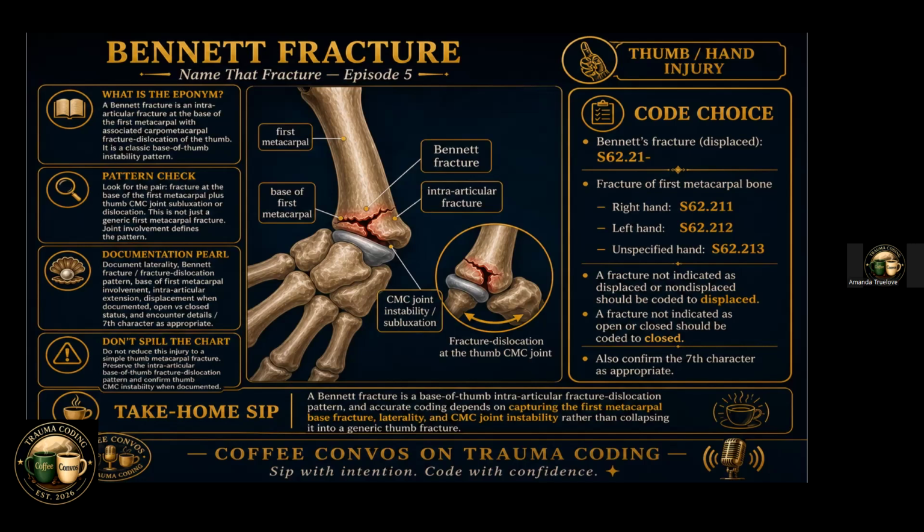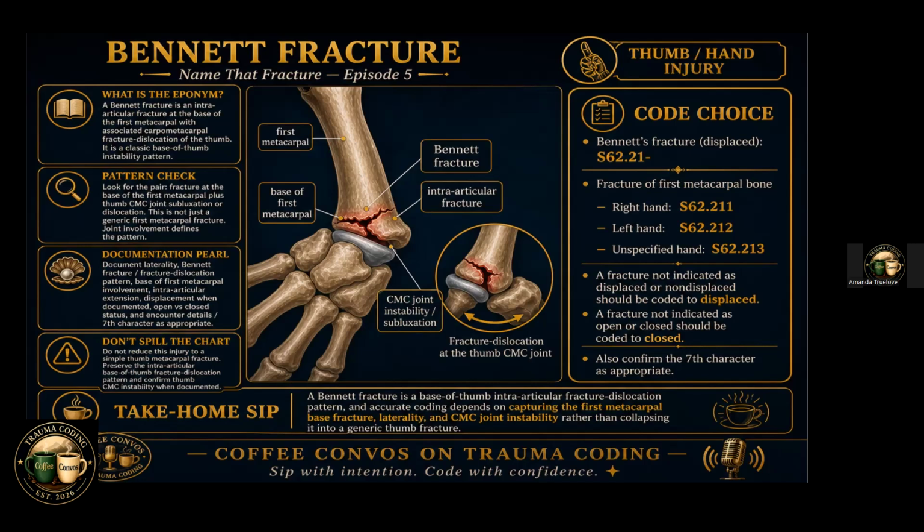So coders commonly miss and make mistakes when they hear Bennett and just reduce it to a simple thumb fracture. They're like, oh, Bennett, that's in the thumb. No, we know, yes, it's in the thumb, but it's not just a simple thumb fracture. Another mistake is missing the fracture as an intra-articular involvement and may even include some carpometacarpal instability.